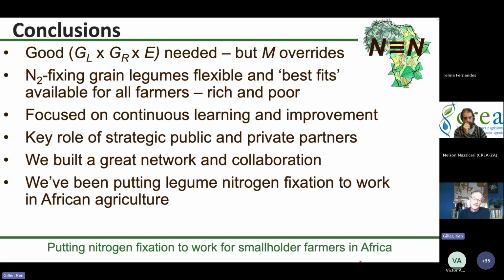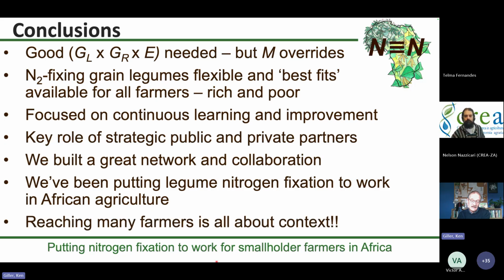So we've definitely been putting legume nitrogen fixation to work in African agriculture. Not to say that there's not a lot more to do. And reaching small farmers in different places is all about context, and particularly finding ways of getting those inputs to farmers that they need in order to boost their yields.